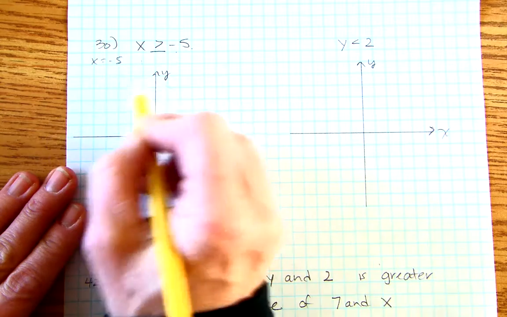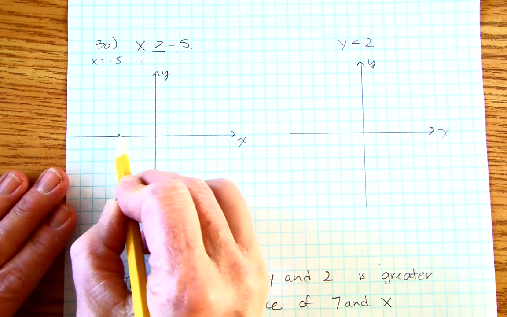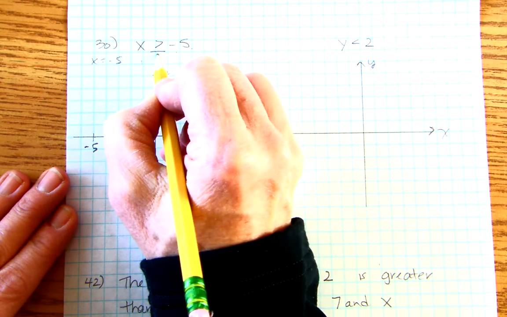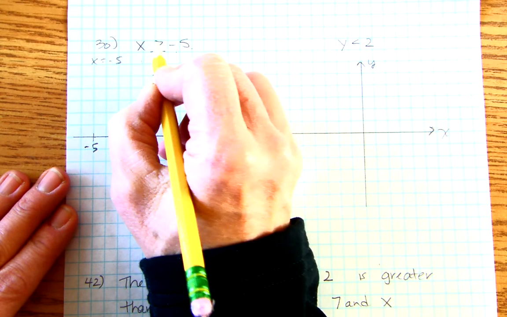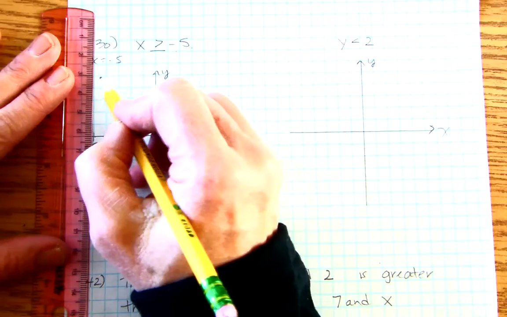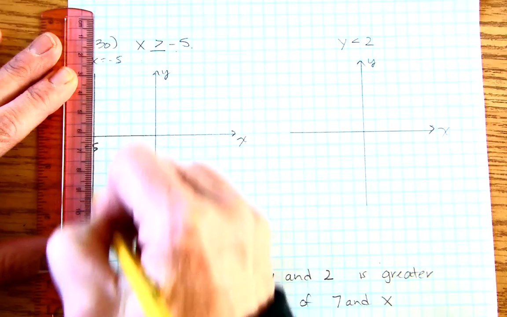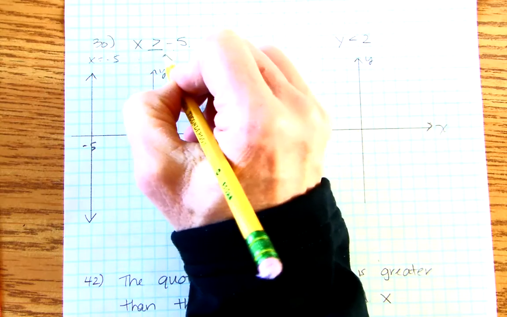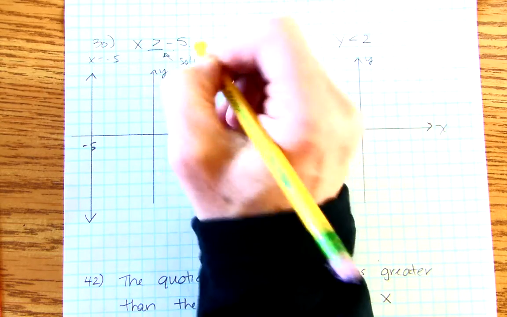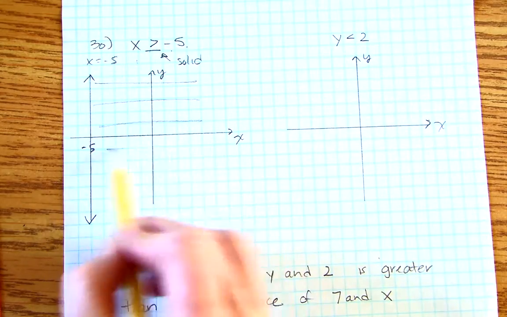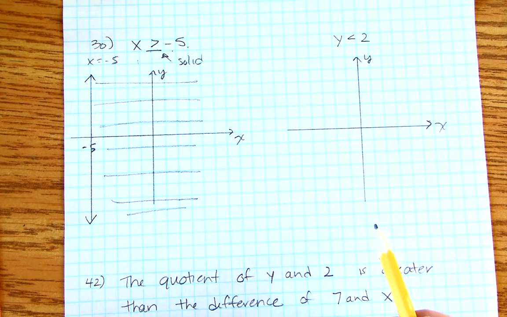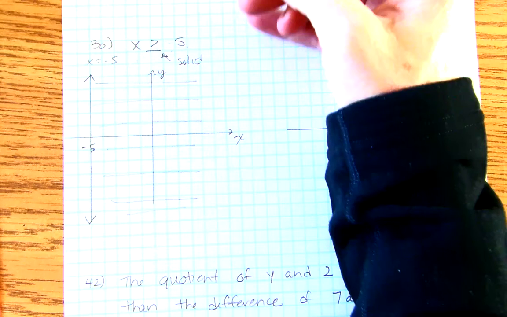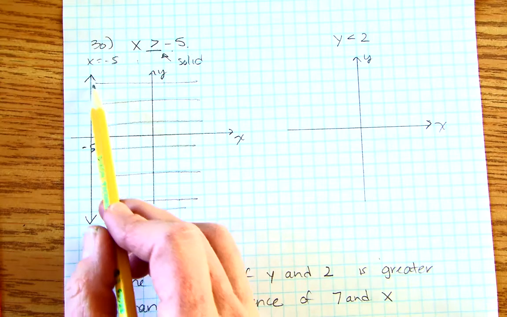A couple more reminders about horizontal and vertical lines. I don't care what y is, x is 5. And you don't really need to test a point here.